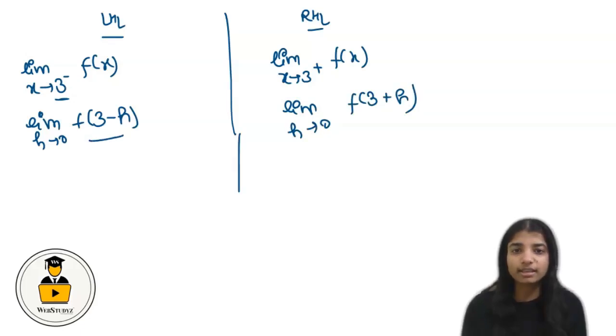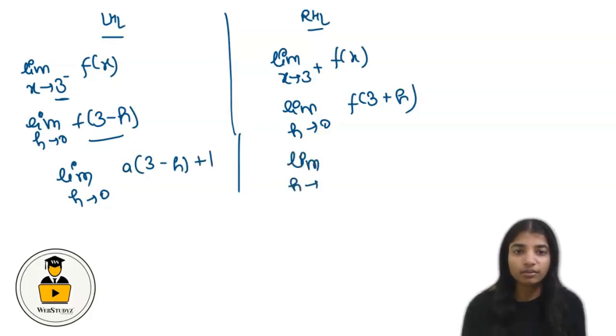Here, for the left hand limit we use the function for which x is less than 3. That becomes limit h tends to 0 of a of x plus 1, so a times (3 minus h) plus 1. For the right hand limit we use the function for which x is greater than 3, which is b times (3 plus h) plus 3.